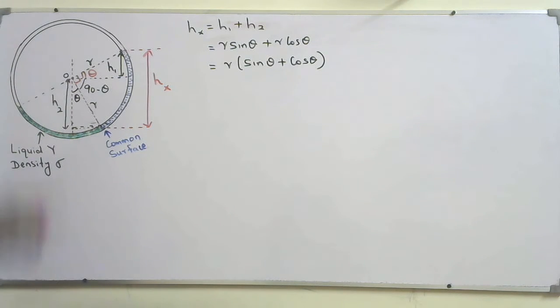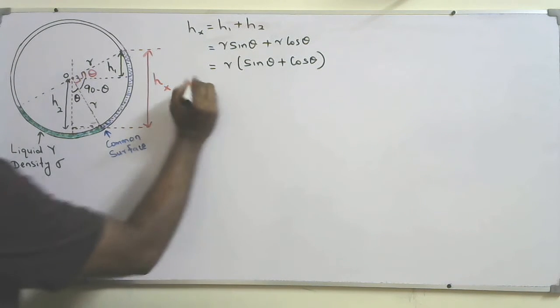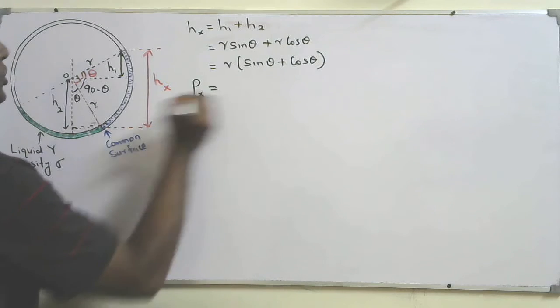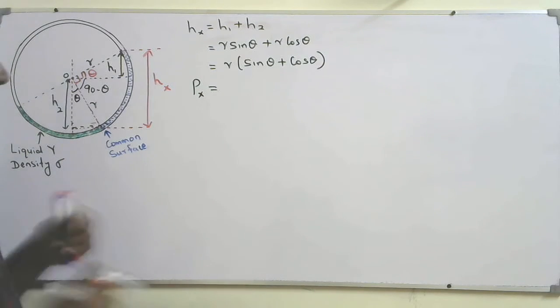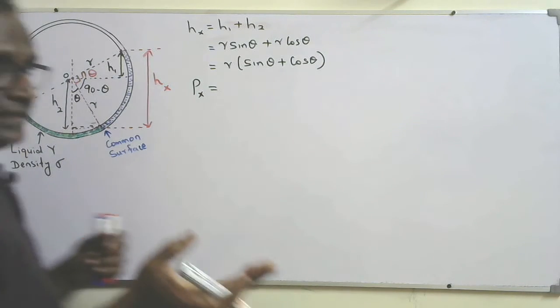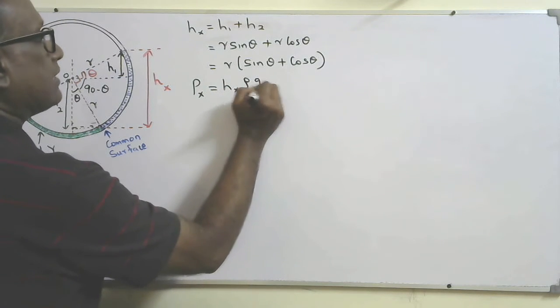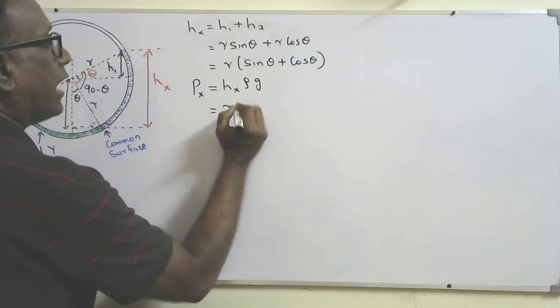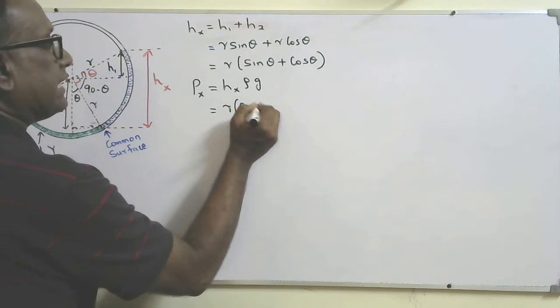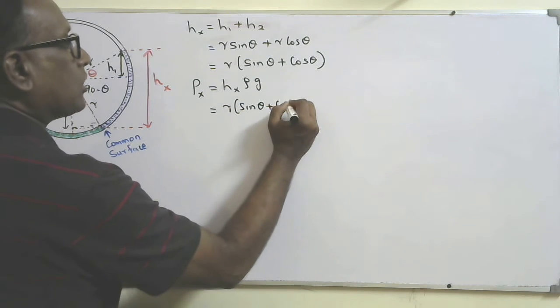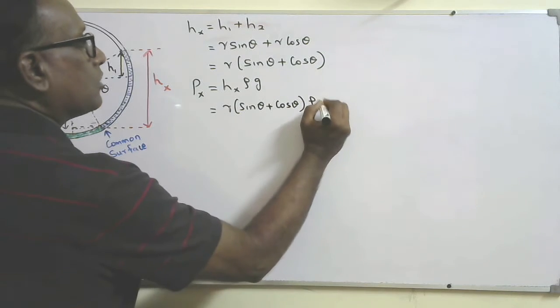So the pressure due to liquid X at the common surface, PX, is equal to the vertical height into density into g. I already derived it. So that is HX rho g, that is R sin theta plus cos theta rho g.